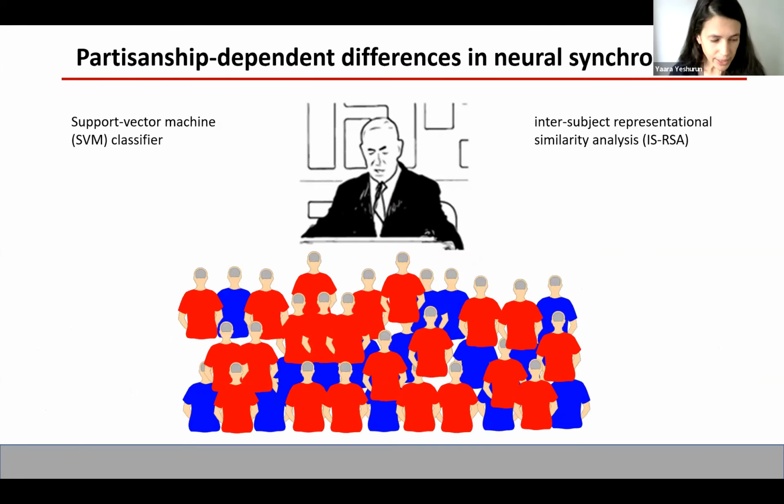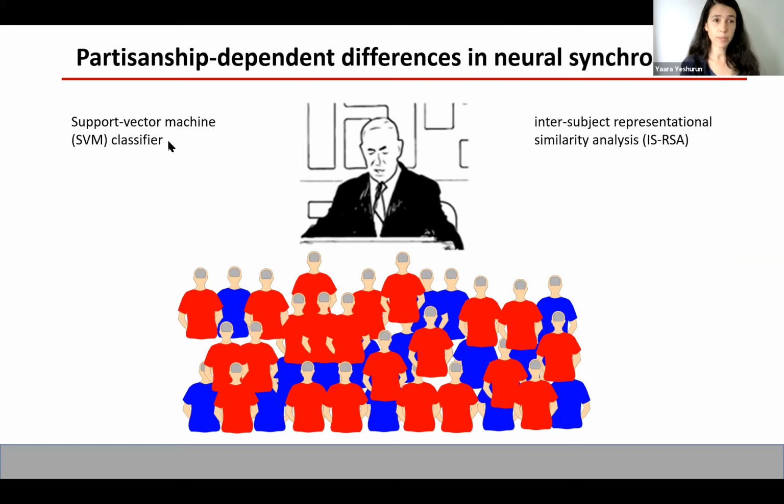So from what I described till now, it was more about regions that are involved in processing the stimulus in one group and not in the other. But we were also interested in asking whether specific political stimuli are more potent in synchronizing the response of one group or the other. And for that, we used two methods.